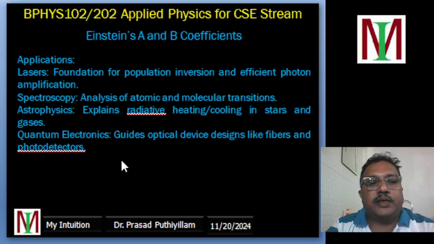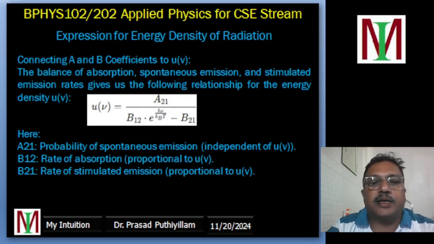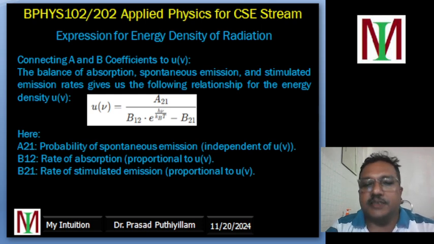Now, how can it be further connected to the energy density? The balance of absorption, spontaneous emission and stimulated emission rates gives us the following relationship given in the slide. U, the energy density, equals A21 divided by B12 e to the power h nu by kT minus B21, where A21 is the probability of spontaneous emission, which is independent of the energy density.